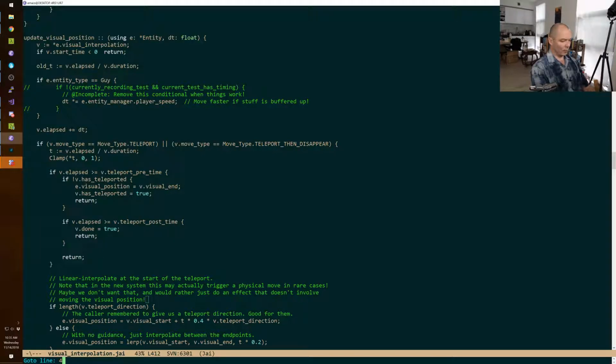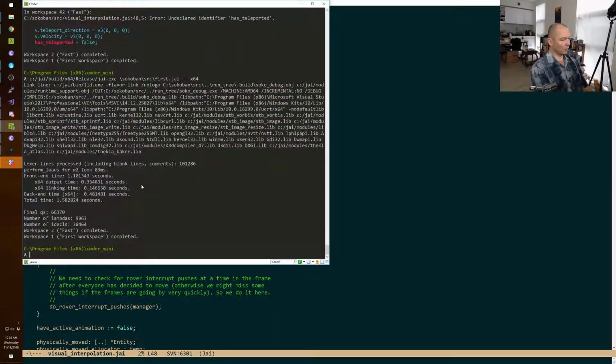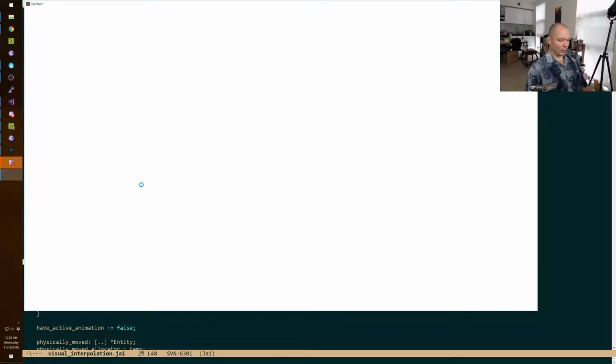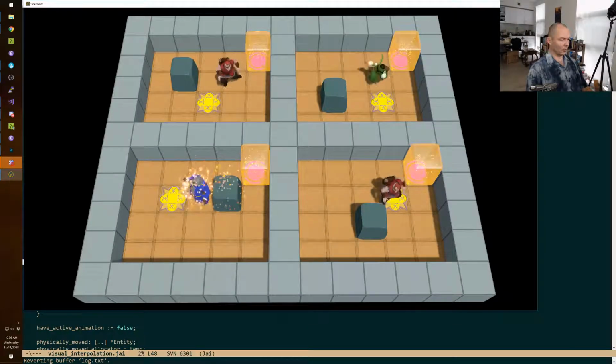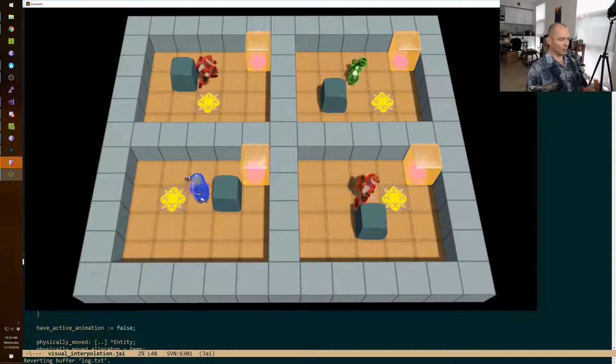Right, I gotta say v dots. Well, I don't know if that works. Appears to work better. Test.